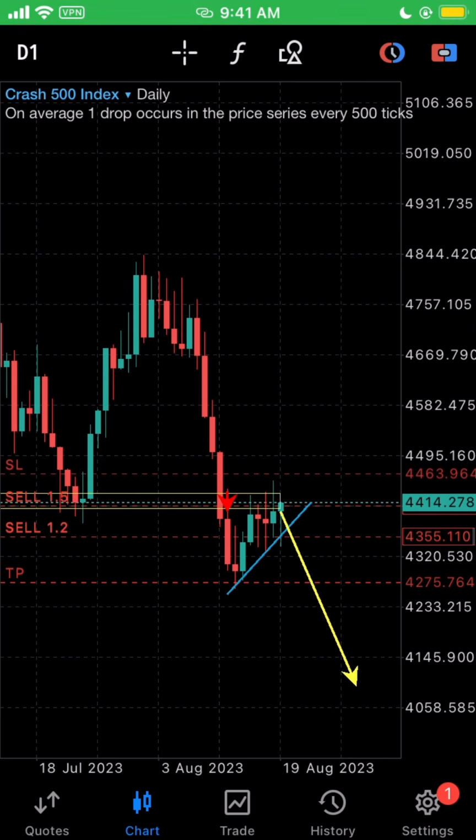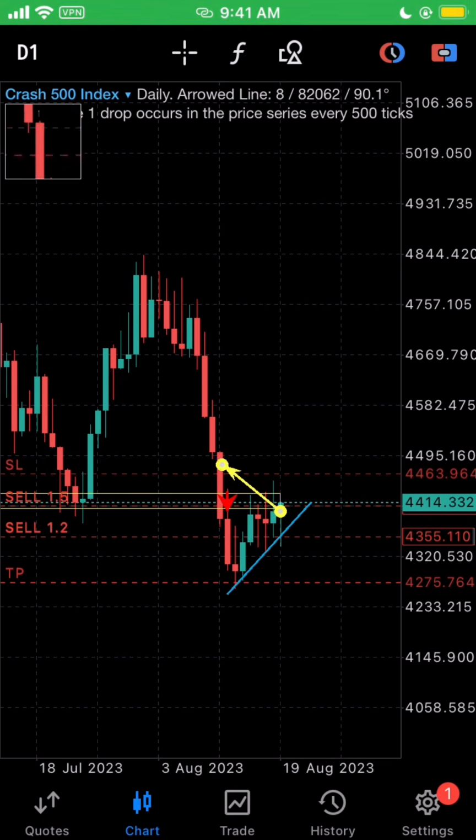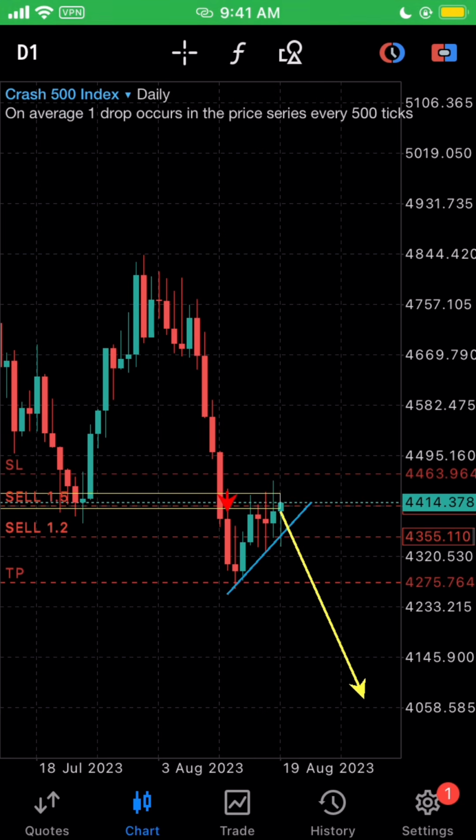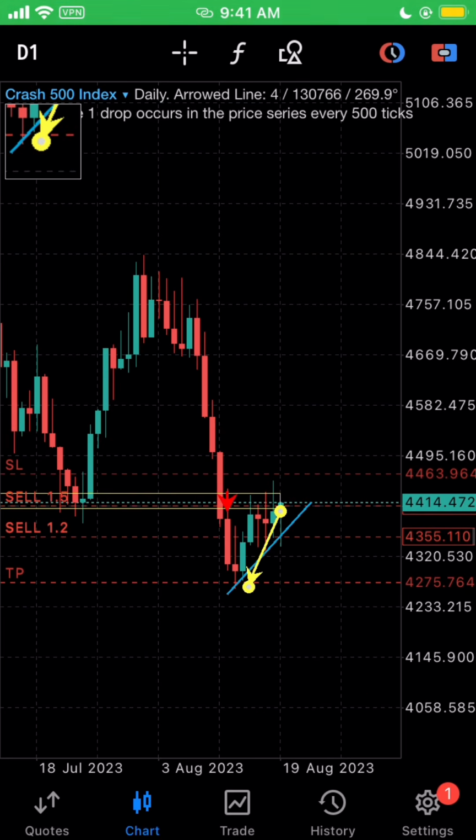That's the meaning of a triangle, which is being formed in the middle of a bull or bear run. So right now we are in a bearish market, and we have a triangle that indicates that the market might fall below. I might be wrong, we'll see, but most probably this is what I'm anticipating right now. I think the market will fall below the triangle, and my take profit will be at the bottom of the triangle. I'll be taking profit over there.